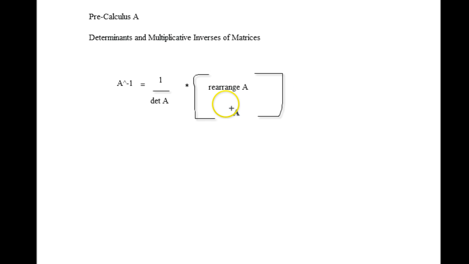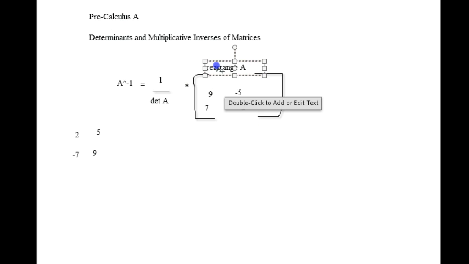I'm not going to explain a 3 by 3, but if the original matrix was 2, 5, -7, and 9, the rearranging of it would be 9 and 2. So you'd switch the 9 and the 2, and then you would change the signs to a -5 and a +7. That's the rearrangement that I'm talking about.